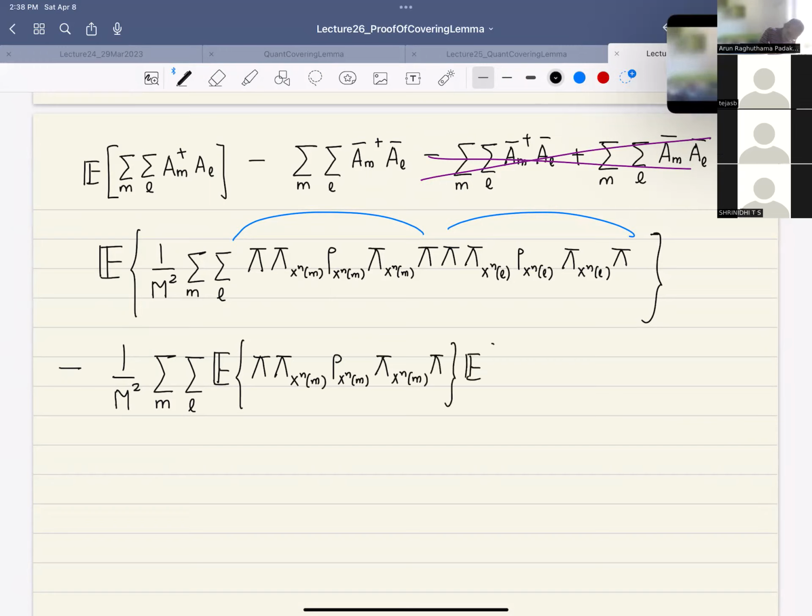So these two are different, okay? There's one expectation of the whole thing, and the second one is the product of the expectations. They are very different things.